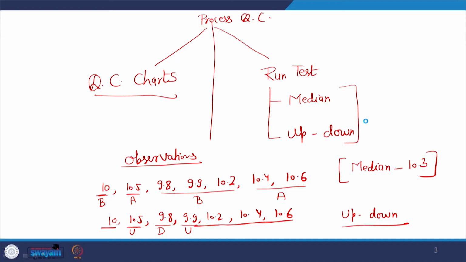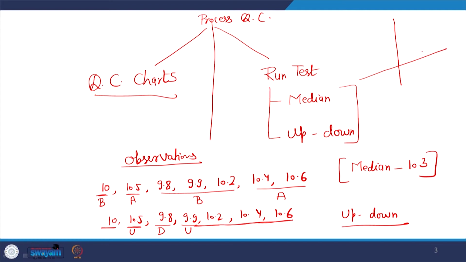So now the second part of the calculation is to determine the expected number, because this whole idea of the run test basically follows the normal distribution.